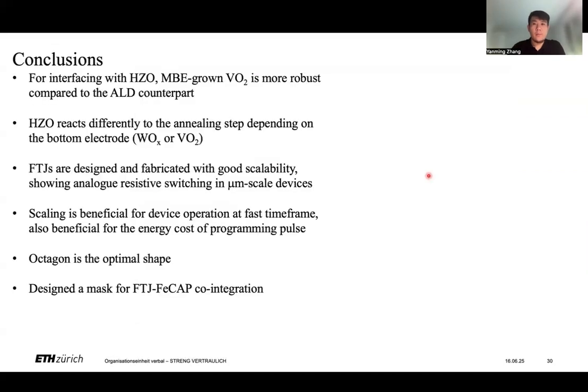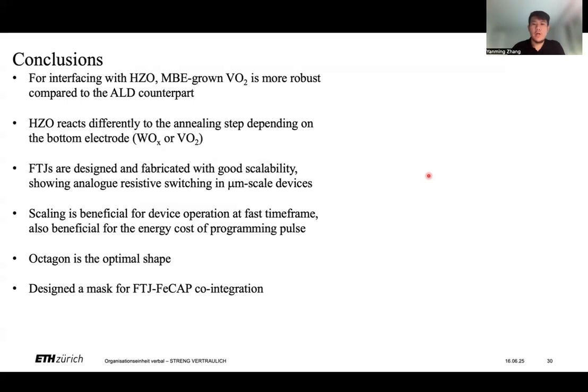To sum up, during my master thesis stage, we identified that molecular beam epitaxy grown VO2 is more robust for interfacing with the HfO2 superlattice. And in terms of ferroelectricity, the HfO2 superlattice reacts differently with VO2 and tungsten oxide as bottom electrode. We designed and fabricated ferroelectric tunnel junctions with good scalability and on-off ratio down to 1 micrometer.